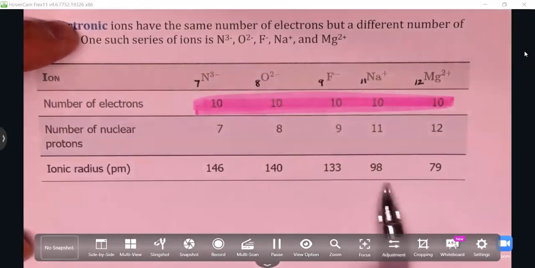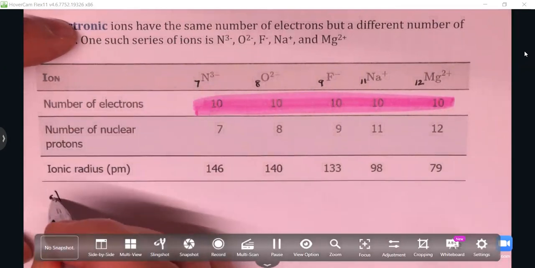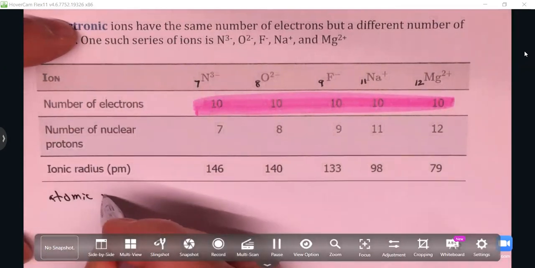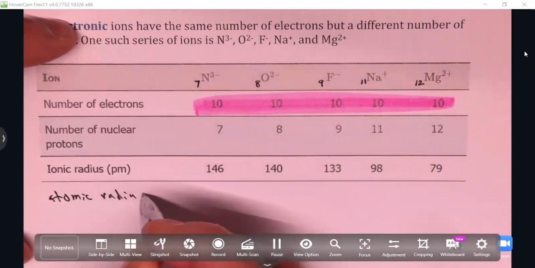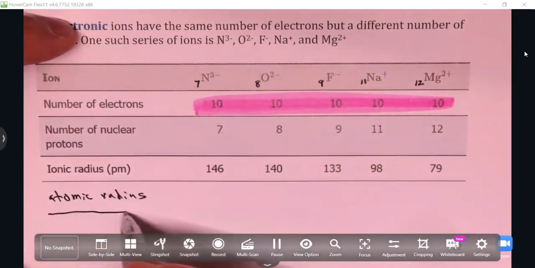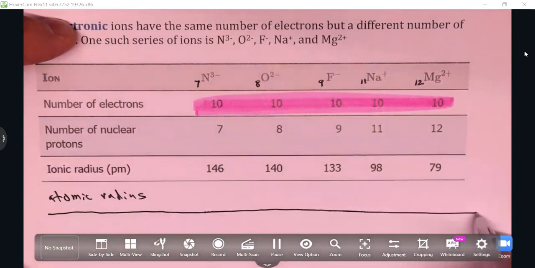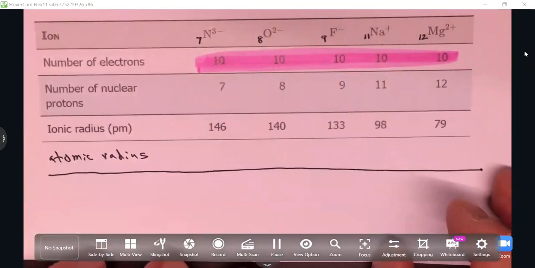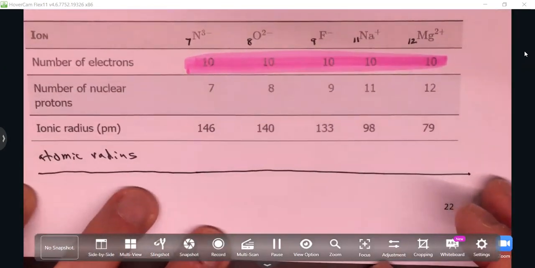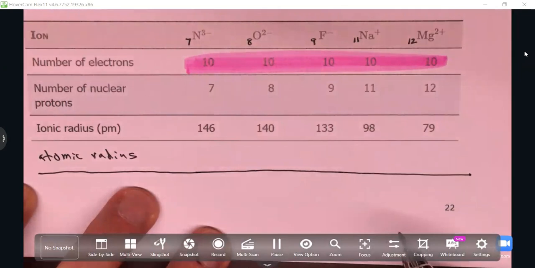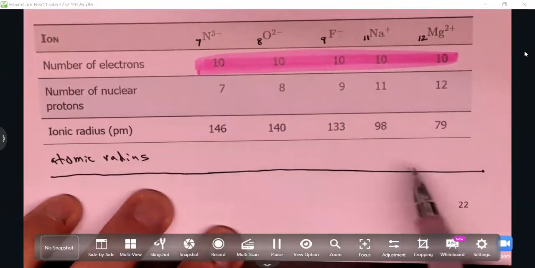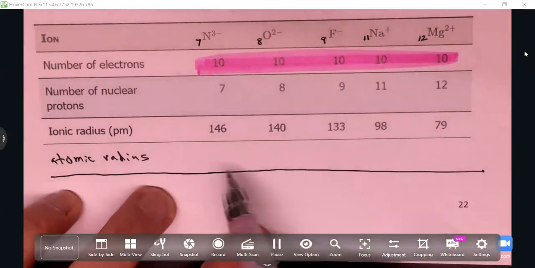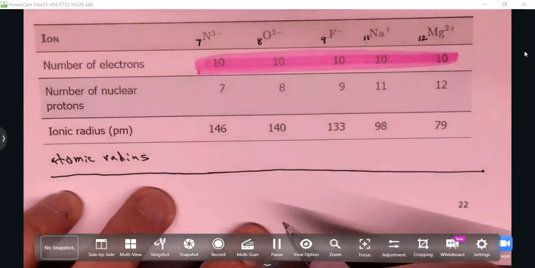Then it gives us ionic radius. What's missing here is atomic radius. So I'm going to add this in. I'm going to show you a pattern here. And I'm not looking these numbers up. I'll probably add this in here tonight for next semester.